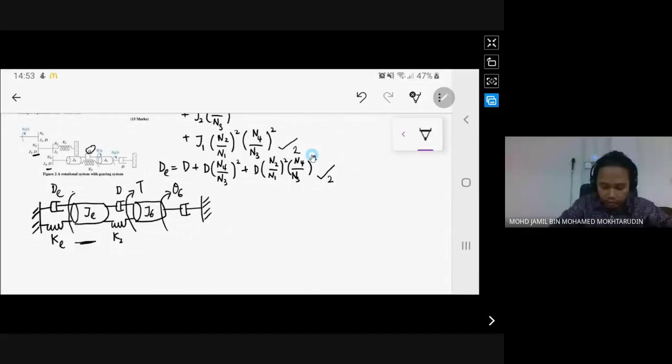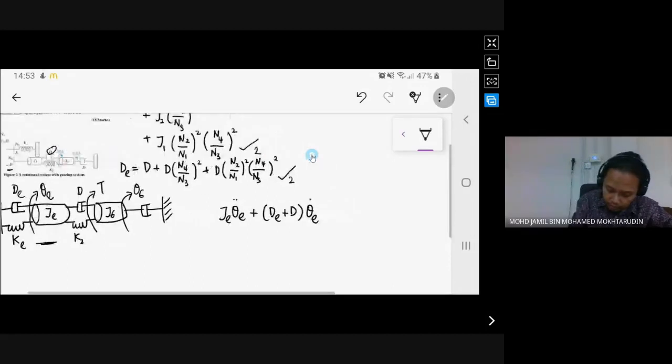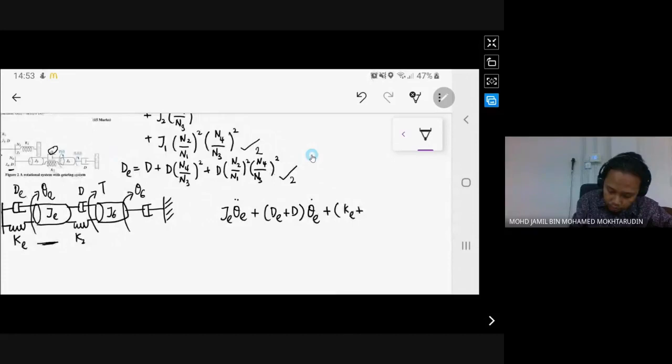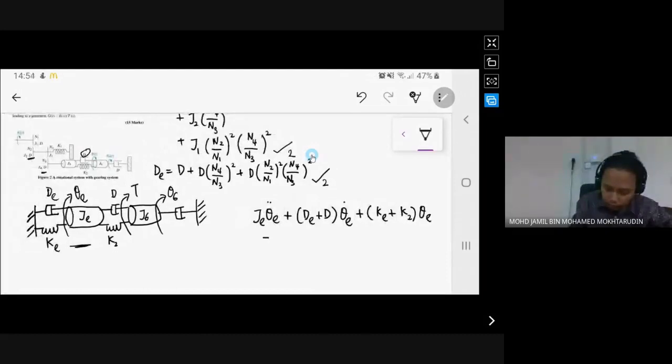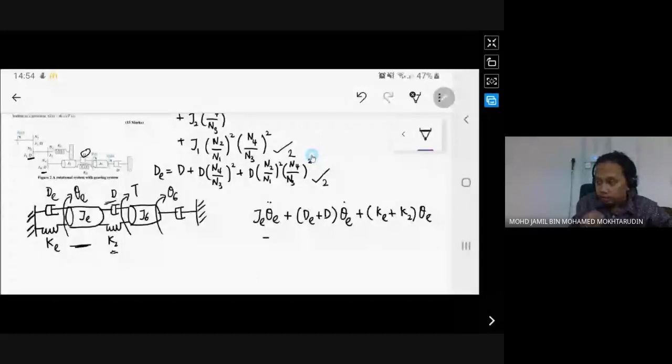So maybe we define theta E here. So for the first shaft, you have JE theta E double dot plus DE plus D theta E dot and plus KE plus K2 theta E. And then minus these two elements because these two are connected to theta 6.